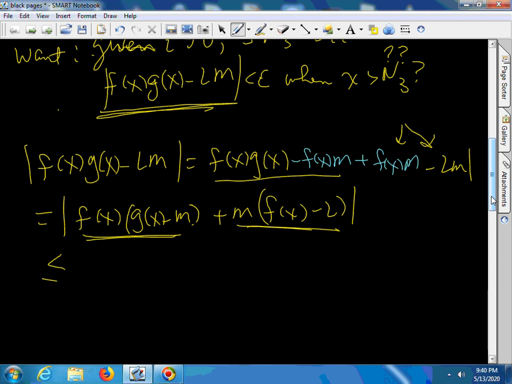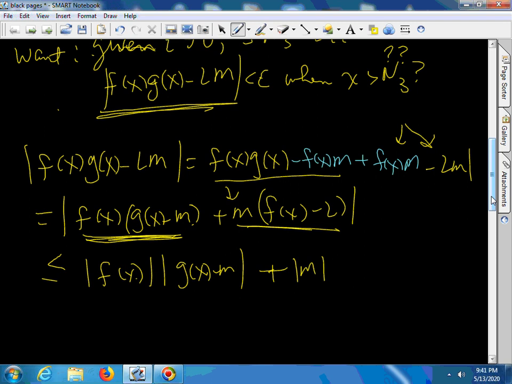But the absolute value of that product is the absolute value of the first factor times the absolute value of the second factor, plus the absolute value of M times the absolute value of f(x) minus L.